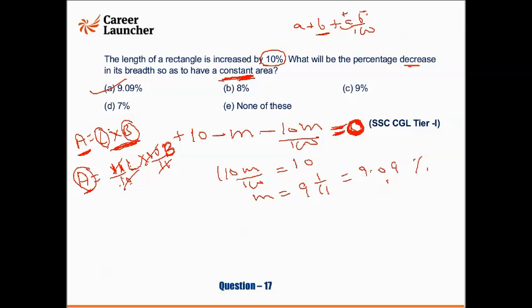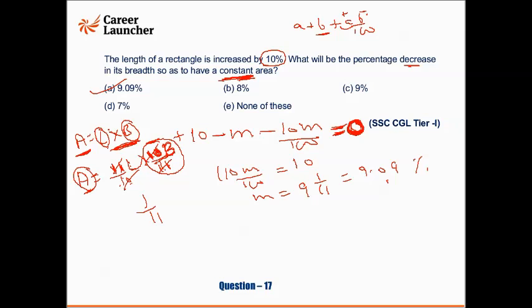So my area is constant. It has not been changed. Note this, okay? That means we have decreased breadth. This shows that we have multiplied by 10 by 11, so breadth has been decreased. By how much factor? It has been decreased by 1 by 11, correct?